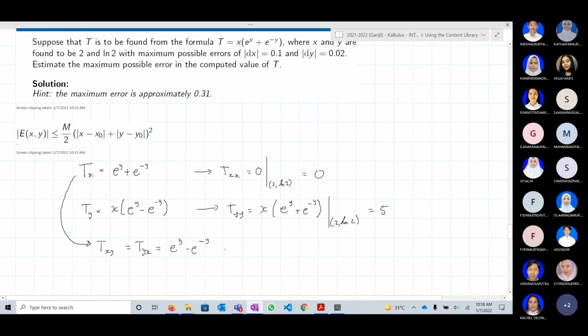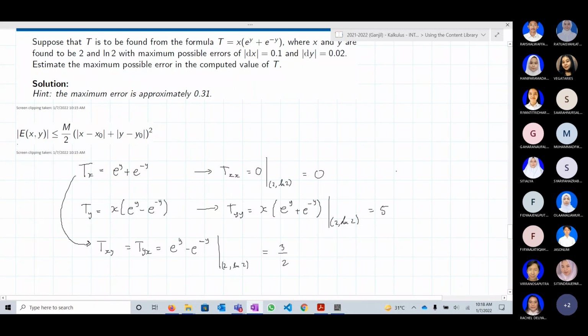And this guy, if we evaluate at 2 comma ln 2, is equal to 3 over 2, yeah.